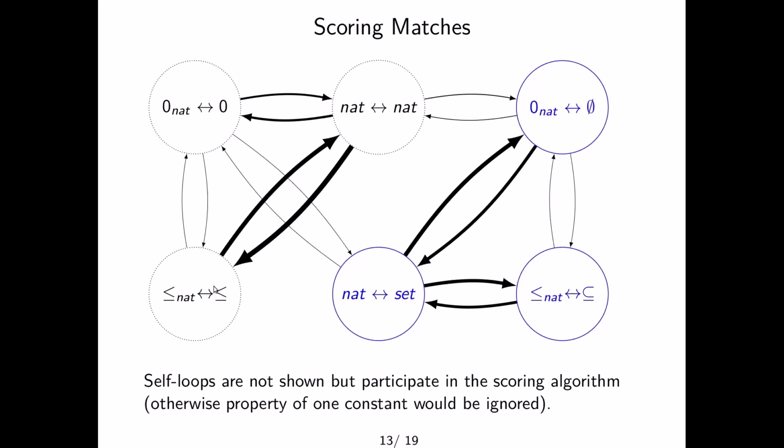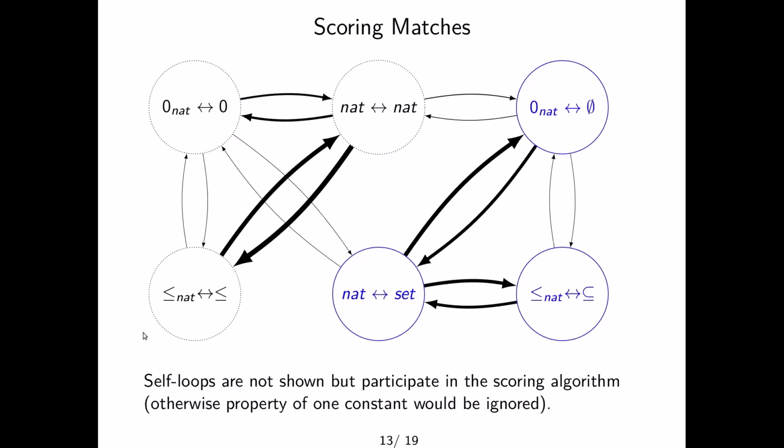So saying, oh, I know that not is not, so I should know that less is less. Gradually, as an iterative process, it converges, and you can prove that it converges depending on the formula you choose. And it converges to a score, and this is the score you give to the matches.